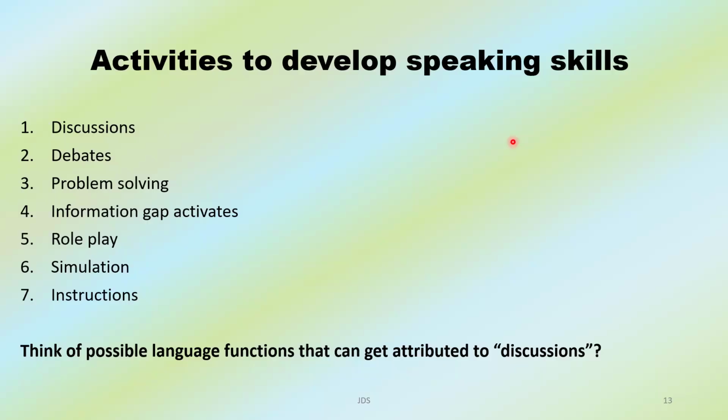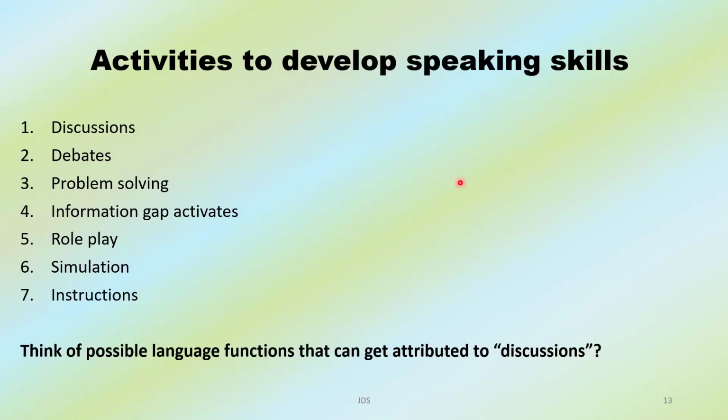You can ask them why, what are the reasons? So you clarify. Request. Disapprove. Suggesting ideas. Suggestions, yeah, very good. You provide some suggestions. So see how many language functions are getting involved when it comes to leading a discussion.